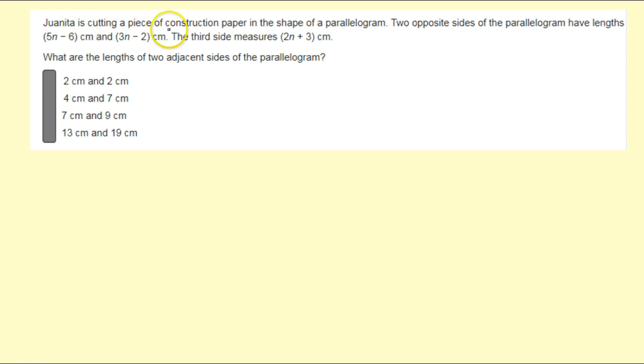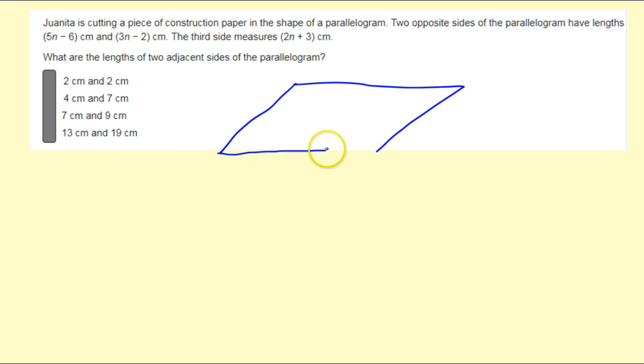Juanita is cutting a piece of construction paper in the shape of a parallelogram. All right, sounds like we need to draw ourselves a parallelogram. Two opposite sides of the parallelogram have lengths 5n minus 6 centimeters and 3n minus 2 centimeters.